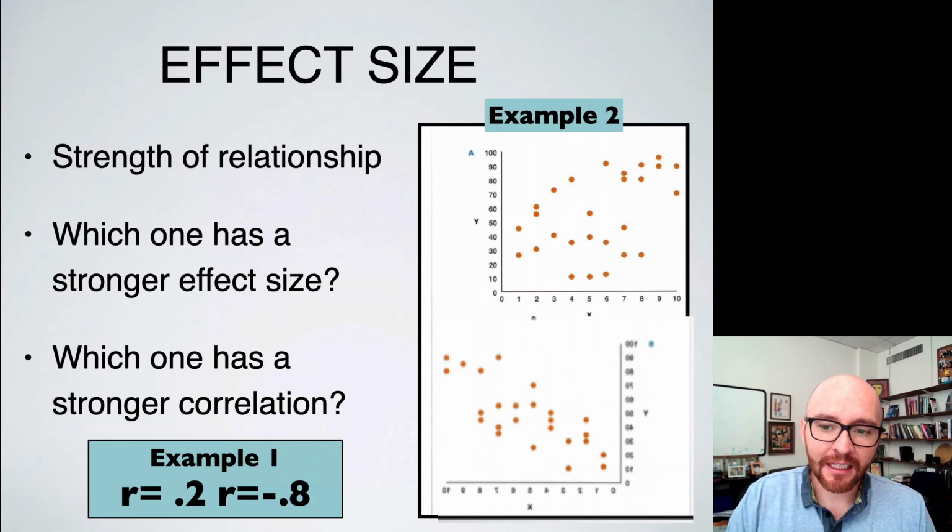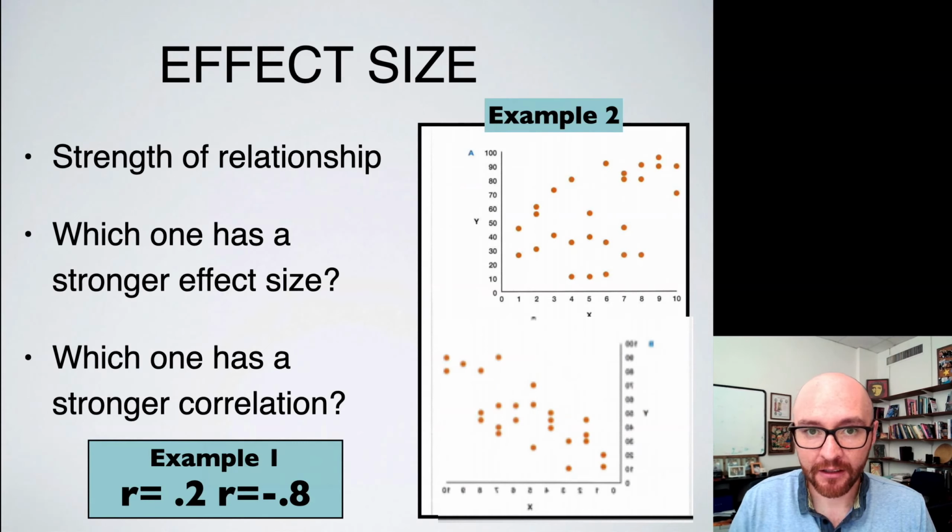The point is that even if they're positive, a positive would look like the one on top, going diagonally up from bottom left to top right. It's as strong as one that's going from top left to bottom right if they're the same number. So if that top one was 0.8 and the bottom one was negative 0.8, they're equally strong. If one was negative 0.9 and the other was positive 0.3, the negative 0.9 would be the stronger effect size.